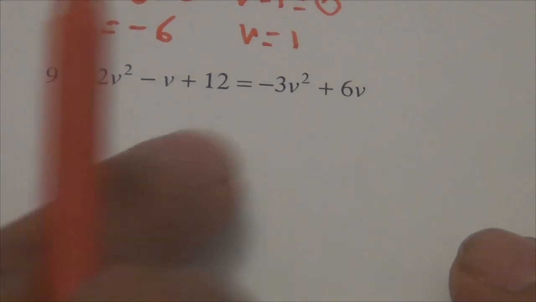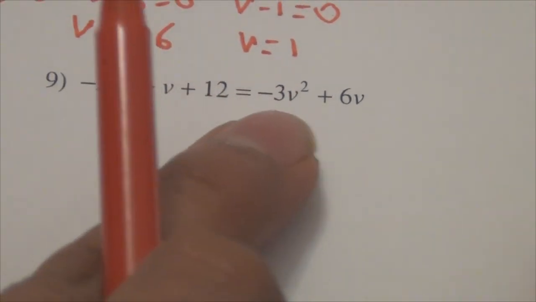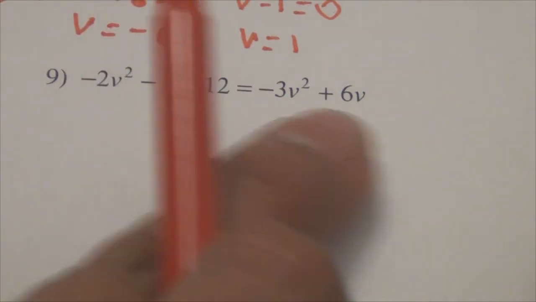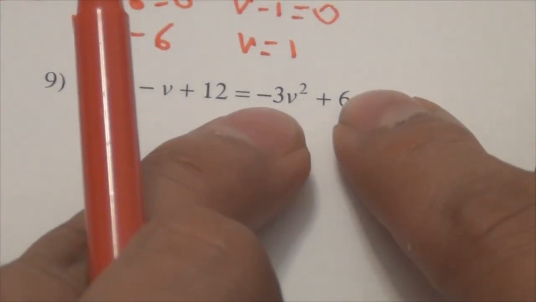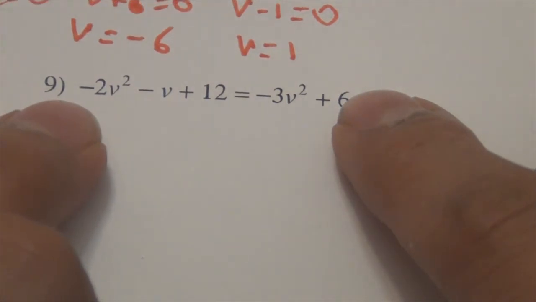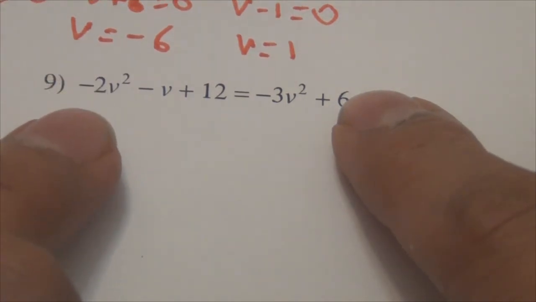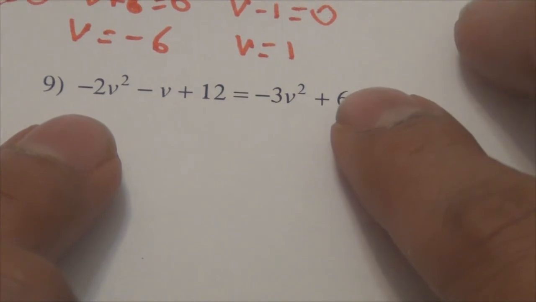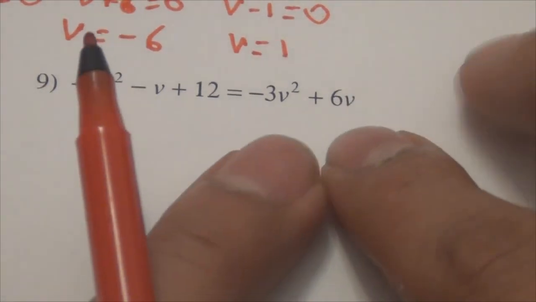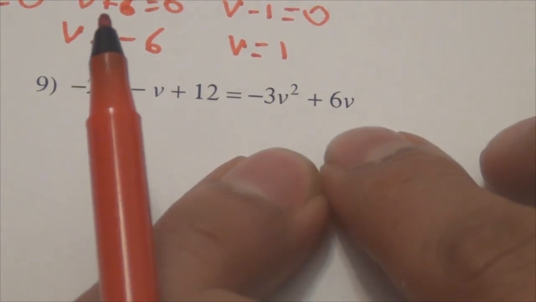But I also have negative 3b squared on this side. So if I make this 0, I will have to add 3b squared. And if I add 3b squared to negative 2b squared, I'm going to end up with a positive square value. It works. Okay then. So I'm going to make this side equal to 0.